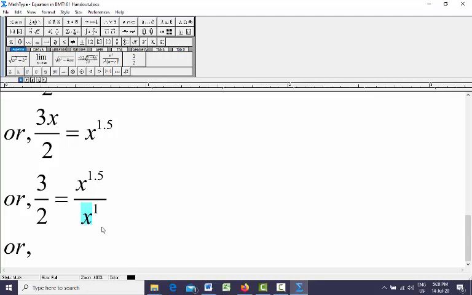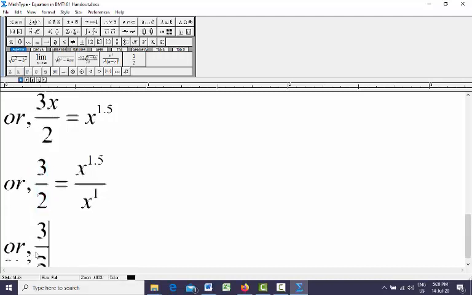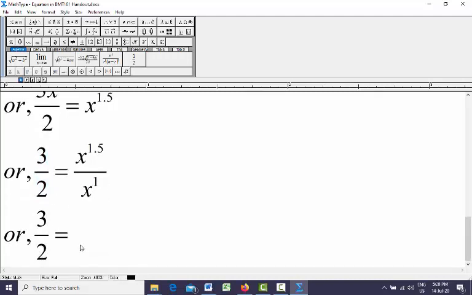When you have something like that, according to the rule of exponent, we have x to the power 1.5 minus 1, because here we have base x and here also base x.